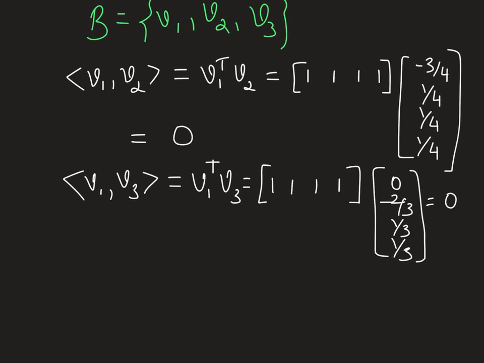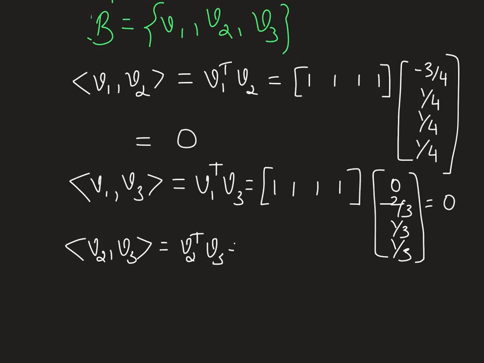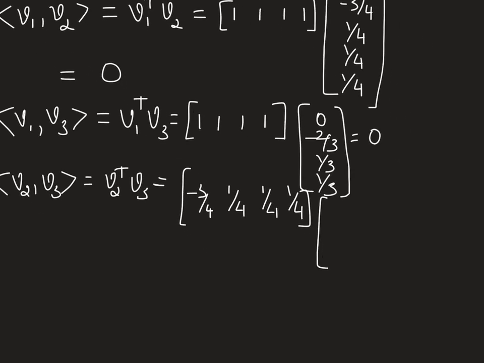Next, we also check whether V2 and V3 are orthogonal or not. So V2 transpose into V3, where our V2 matrix is minus 3 by 4, 1 by 4, 1 by 4, 1 by 4, and the V3 matrix is 0, minus 2 by 3, 1 by 3, 1 by 3.